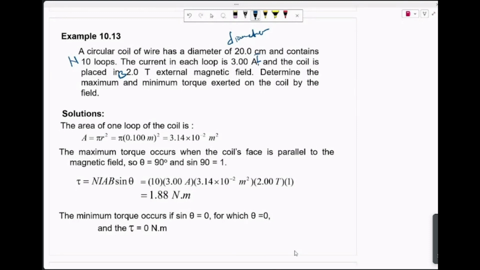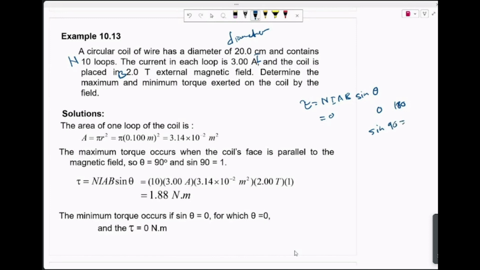So for the minimum, if you look at that, the equation is N I A B sine theta. So the minimum is when the theta is either 0 or 180. And that's going to be minimum. When sine 0, you will get 0. That will be the minimum. Very easy. For the maximum, it is when theta is 90 degrees.